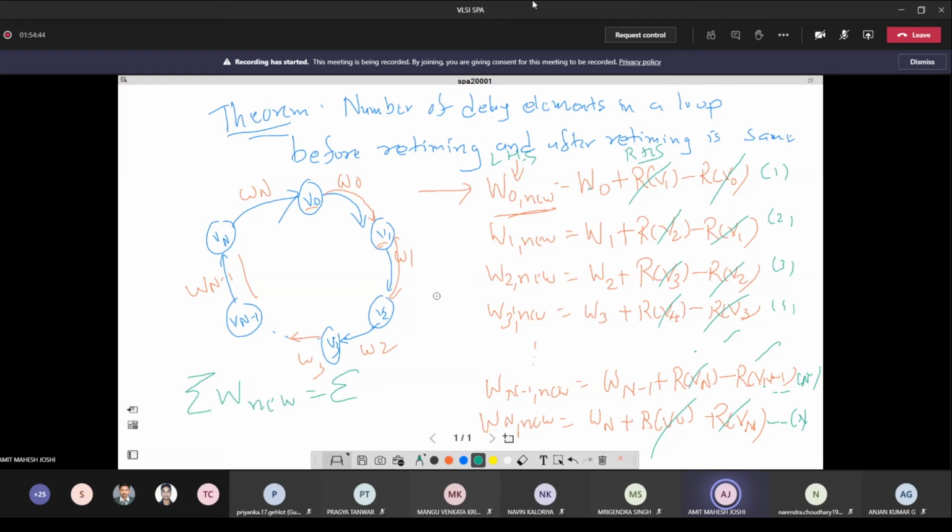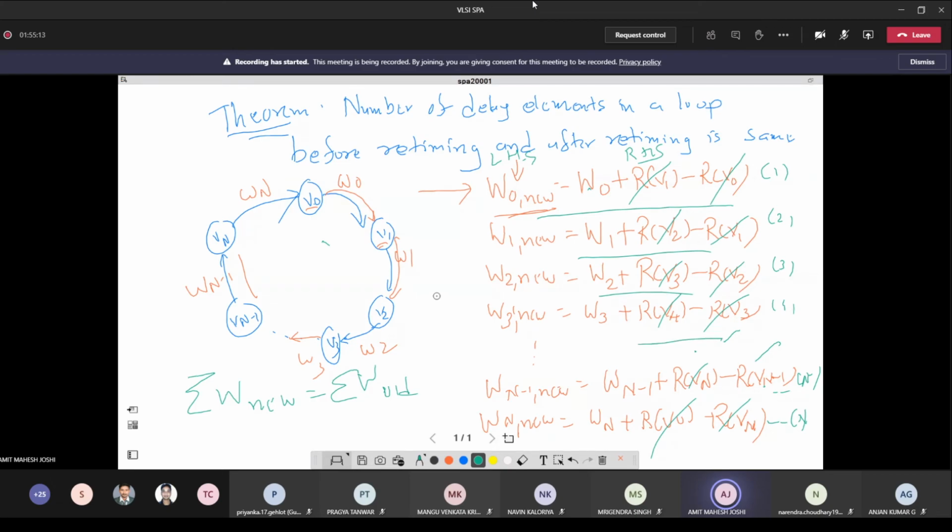So what is W? W says the number of delay elements. With this, you can observe mathematically that the number of delay elements before retiming originally, and after applying this retiming equation, is the same.